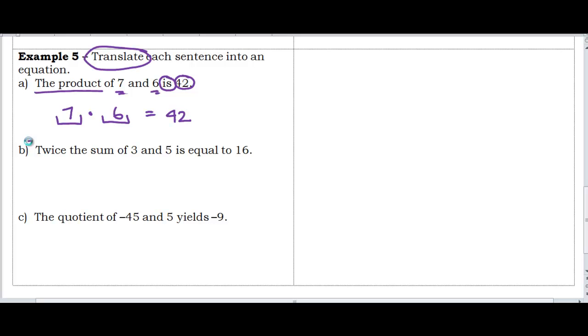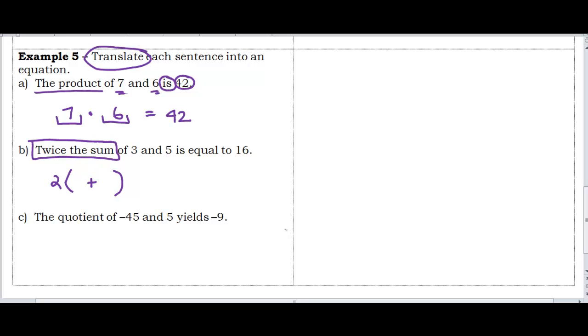So, twice the sum. Stop. Just translate that. 2 times plus. There's a problem there. That's going to be 2 times only the first number. What you guys said out there was good. Parentheses. 2 times the sum.